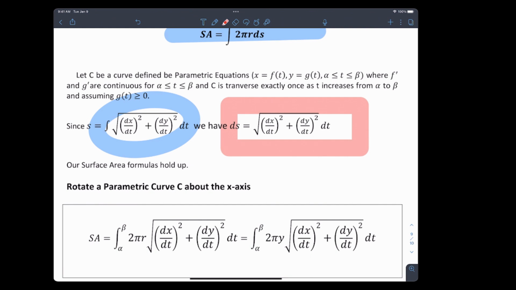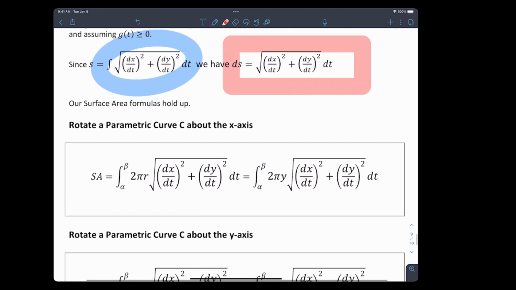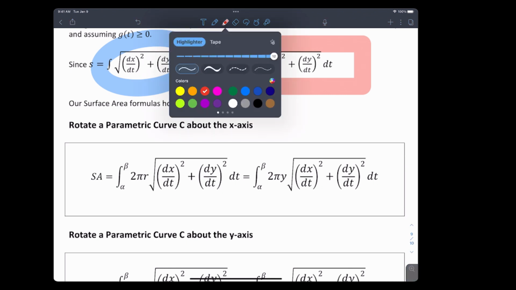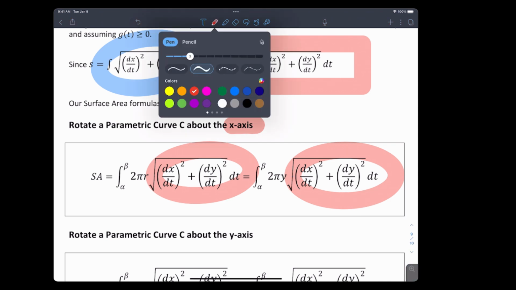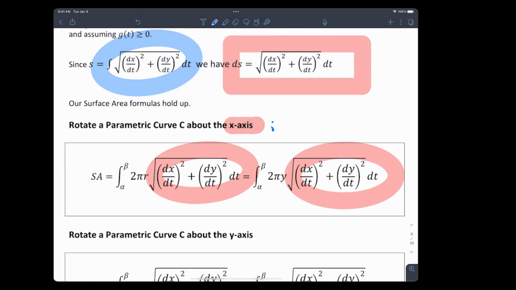If you notice what we did last time, with the surface area, when you rotated about the x-axis, wasn't your radius the y-coordinate value?